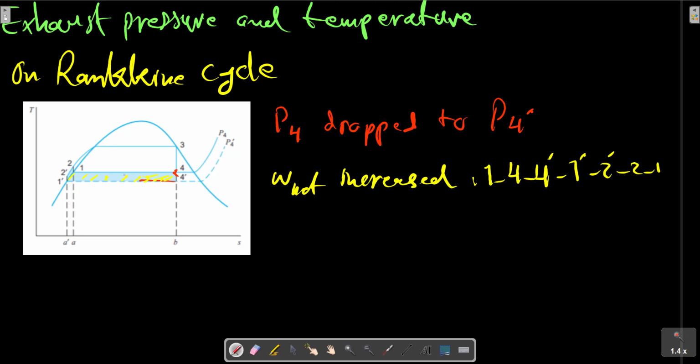The area shaded in blue, and now yellow, is the heat transfer; the net work to the steam is increased by the shaded area 1 prime, 1, 4, 4 prime.